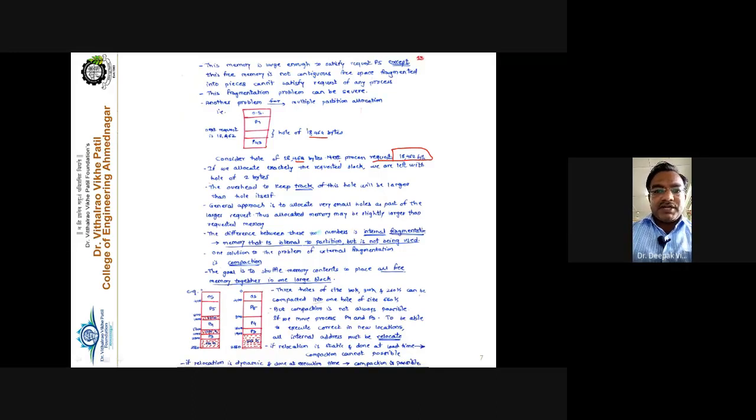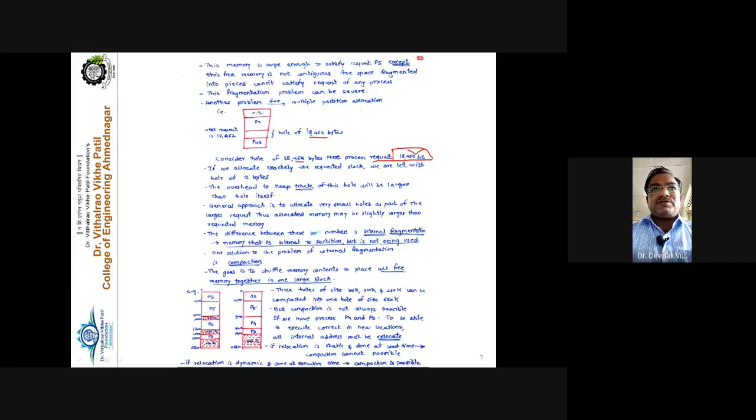The operating system never returns this 2 bytes as a hole, but gives it to that particular process, saying, now you can use it if you want, or keep it as it is, right? The process will only use that much memory, and these 2 bytes remain as internal fragmentation to that particular process.